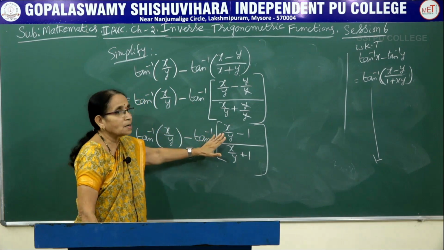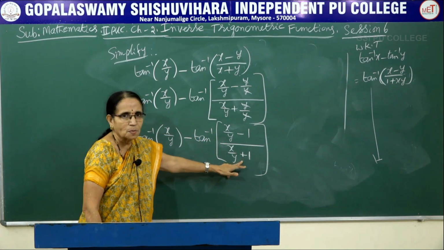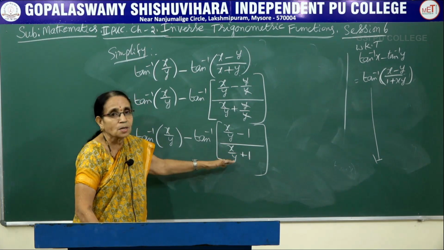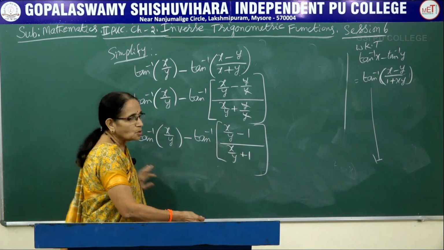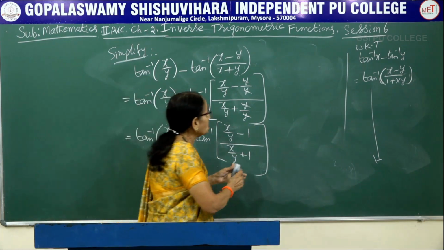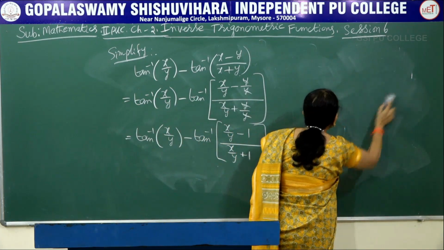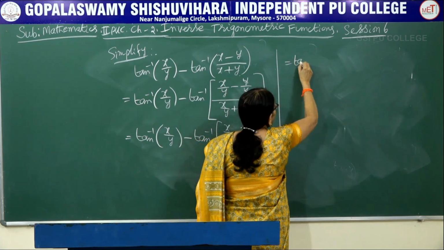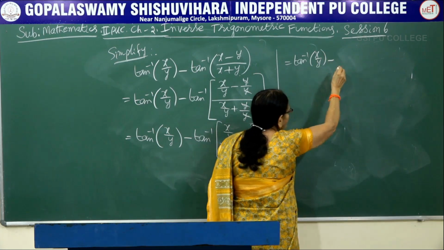Now the denominator I write as it is. The numerator, because it is a plus b, I can write that as b plus a, because you know that addition is commutative. A plus b would be equal to b plus a. So I will write in another form without changing the value using the commutative property. So this can be written as tan inverse of x by y, write it as it is.